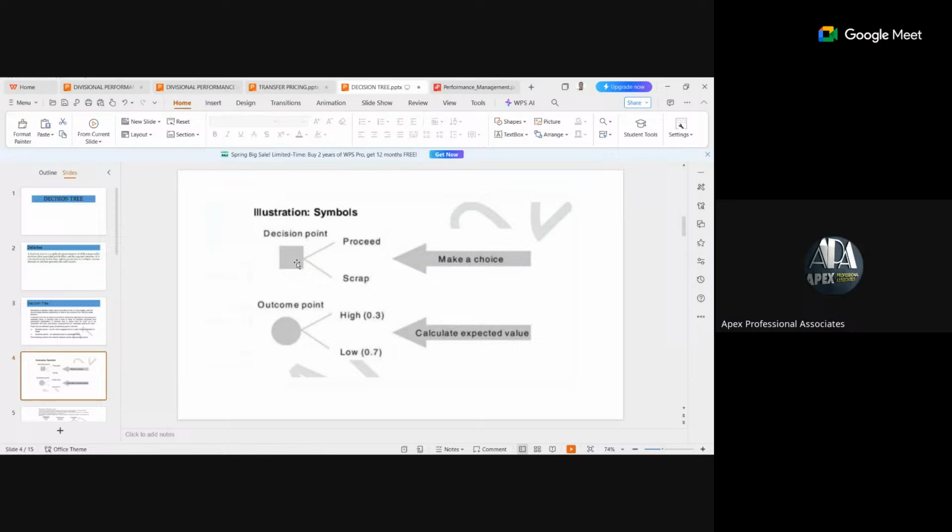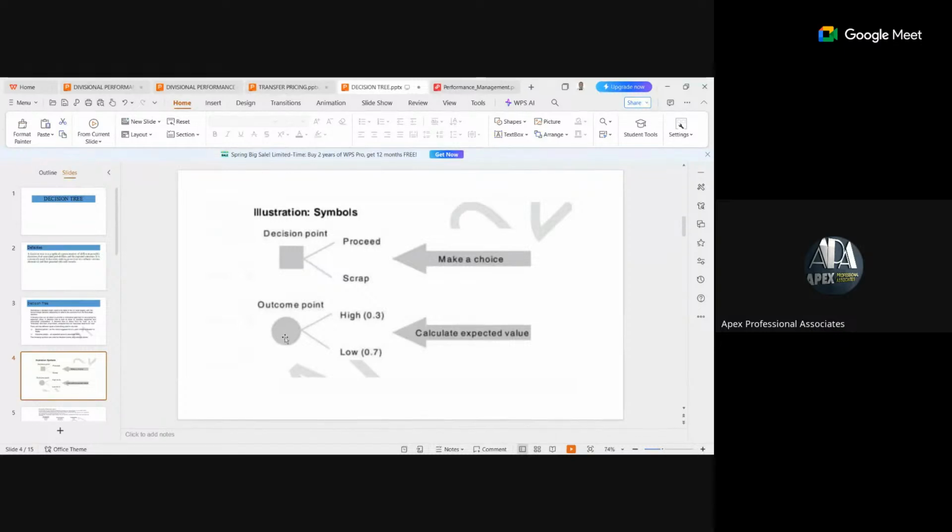So this is a case where you want to make a decision, either to proceed with an investment or to scrap the business. So you make a decision. Now, your decision will lead to an outcome. So the probability is often attached to the outcome. You can see it here.